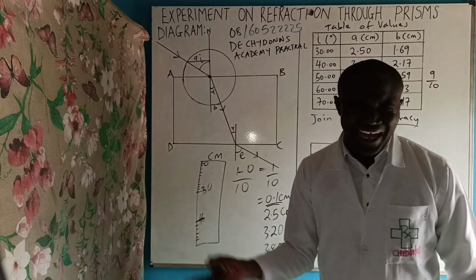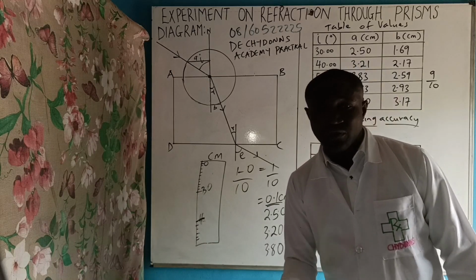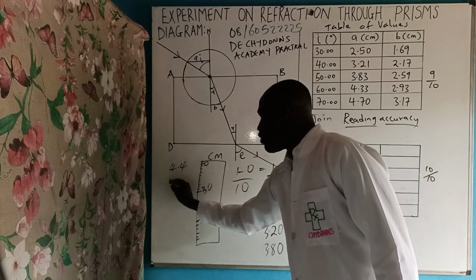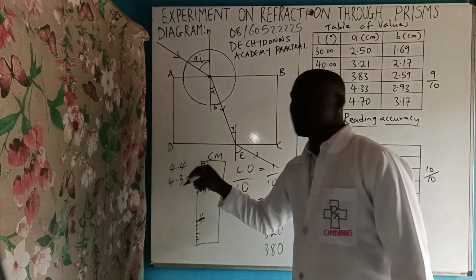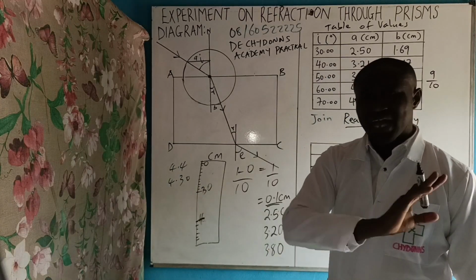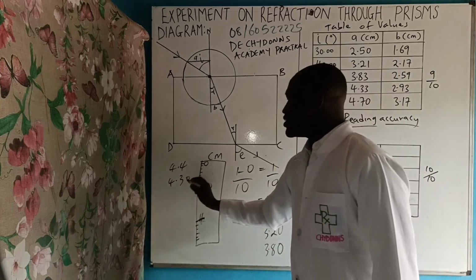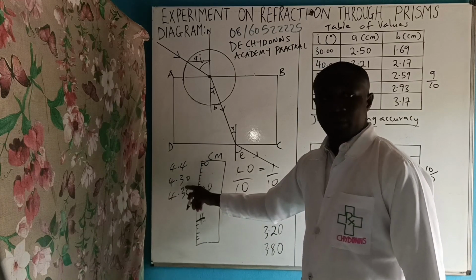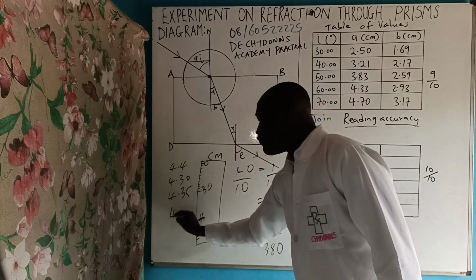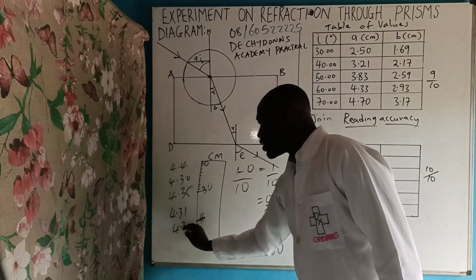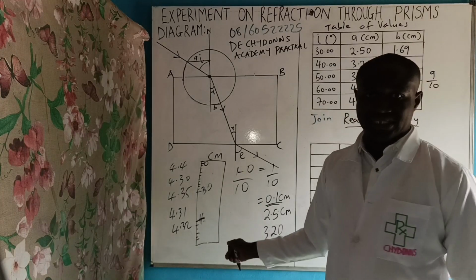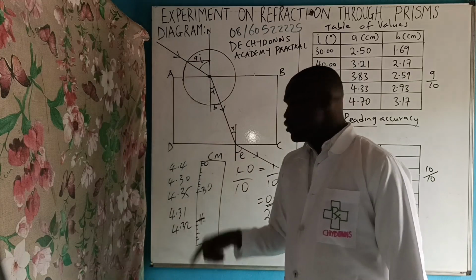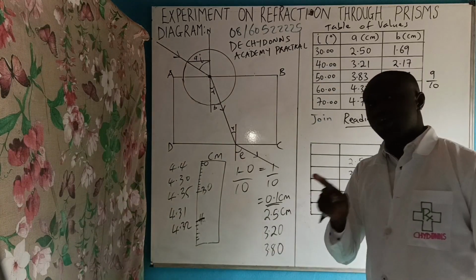That is the middle you can get. They will take it that you got it in between 4.3 and 4.4. That is the highest you can get. But anything like 4.31, 4.32, they will ask you, how did you get it? So that is why it is good for you to observe the reading accuracy of a measuring instrument.